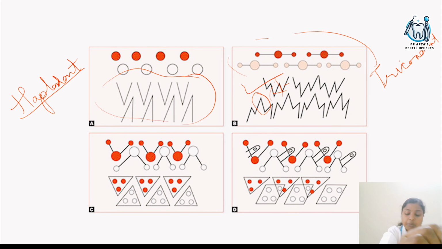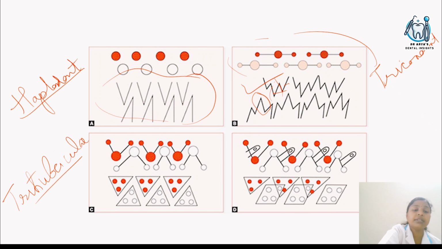Next one is the more efficient three-cornered tritubercular molar arrangement. Here, this is consistent with the teeth bypassing each other more or less when the jaw is opened or closed.